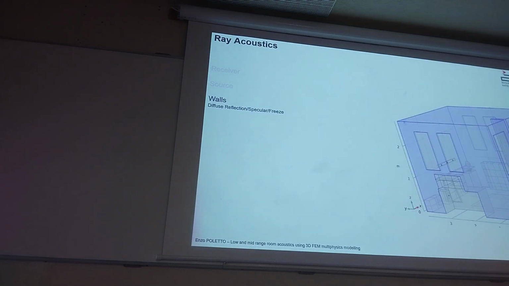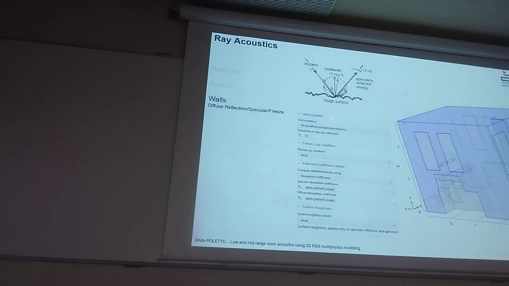And then I need to tell it about the walls, if I want them either reflective or absorptive. And what we're going to use is a mix of diffusion and reflection with this set of equations. It comes from Vorlander and I don't remember his name, where we have a part which is specularly reflected and one part is scattered, so it's diffused.